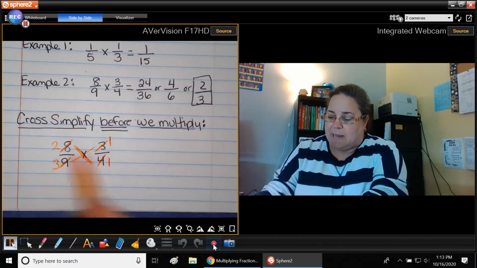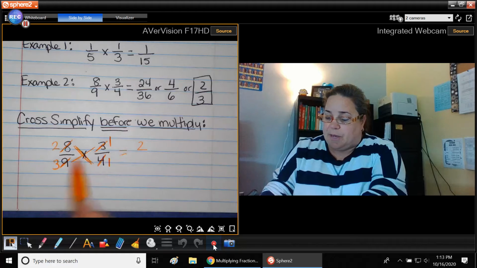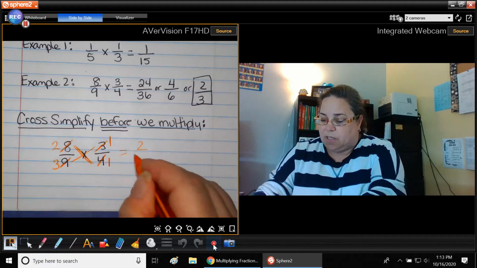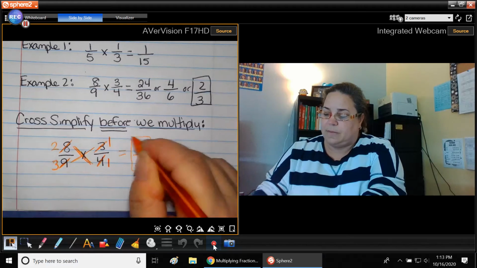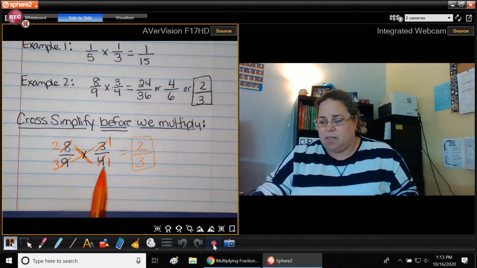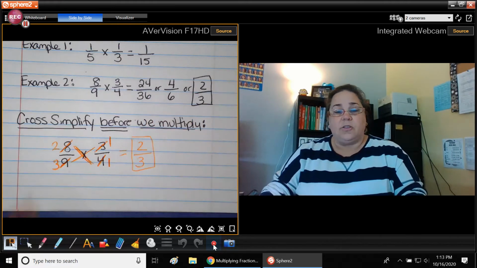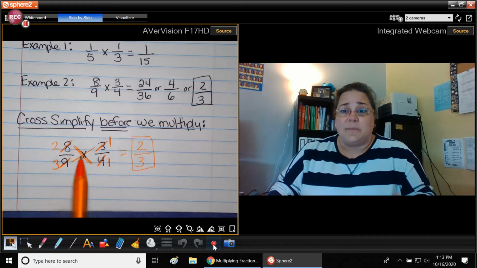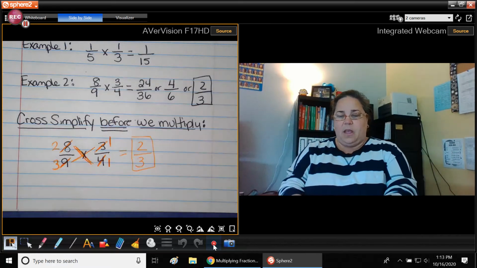Watch. 2 times 1 equals 2. 3 times 1 equals 3. Look at that. Wasn't it easier to divide these small numbers than it was to divide these big numbers? Plus also multiplying the smaller numbers up front makes it easier, okay?